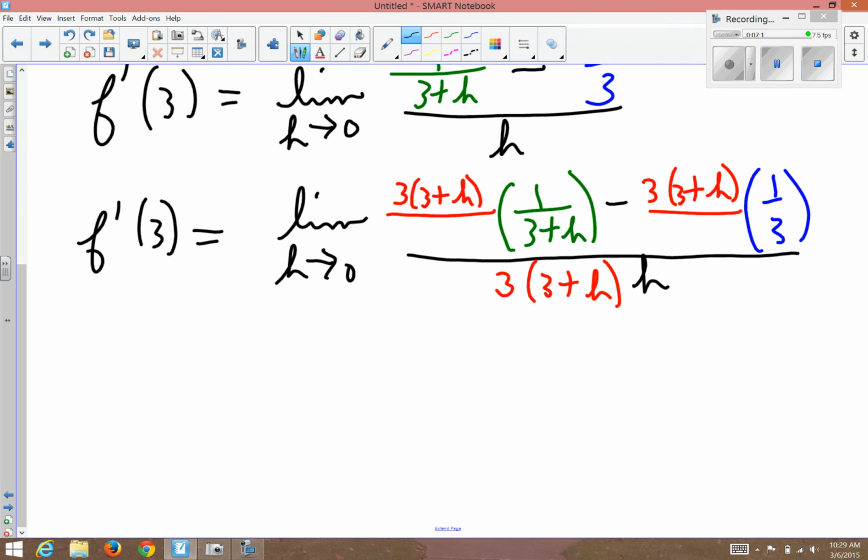You can multiply the numerator by the red as long as we multiply the denominator by the same red.